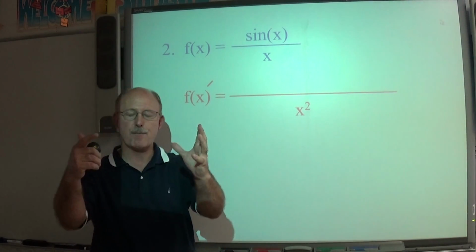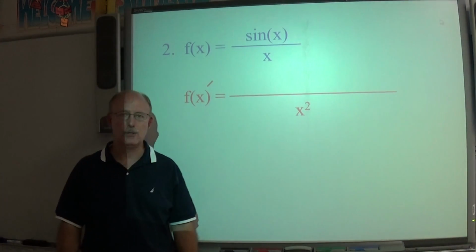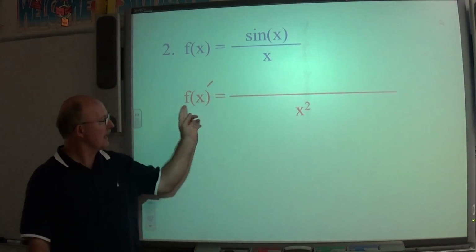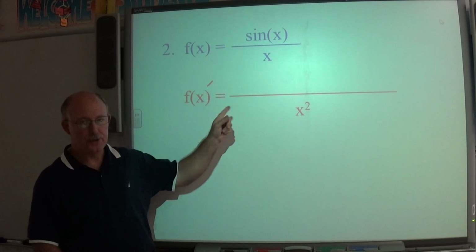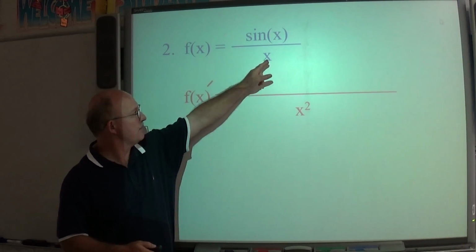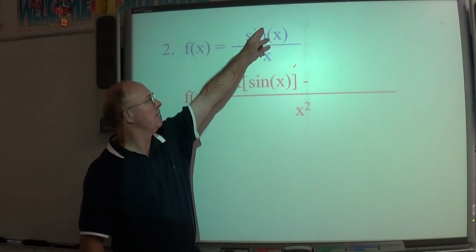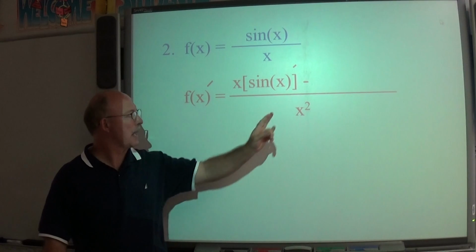You take the bottom of the fraction and square it. So f prime of x will be equal to x squared in our denominator. Now, along the numerator, we're going to take the bottom function, x, times the derivative of the numerator, so x times the derivative of sine x, minus.